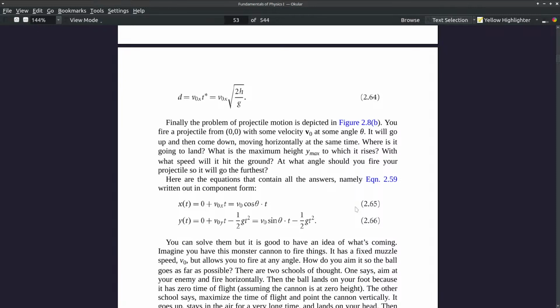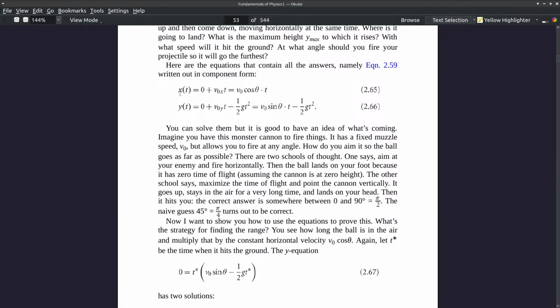What is the maximum height, y max, to which it rises? With what speed will it hit the ground? At what angle should you fire your projectile so it will go the furthest? Here are the equations that contain all the answers, namely equation 2.59, written out in component form.